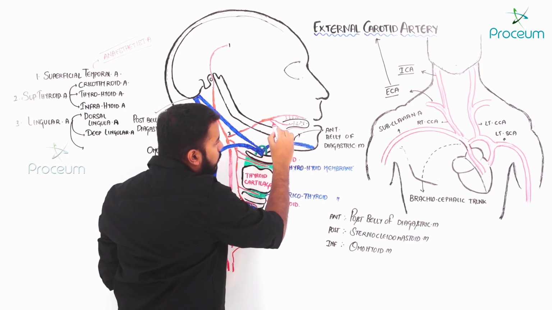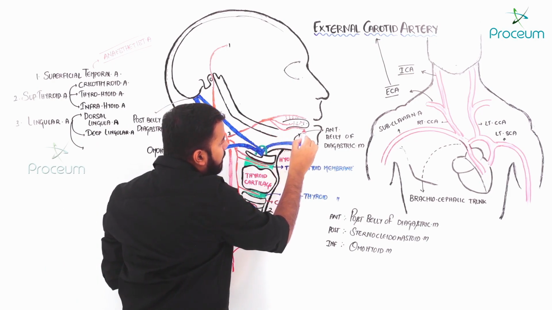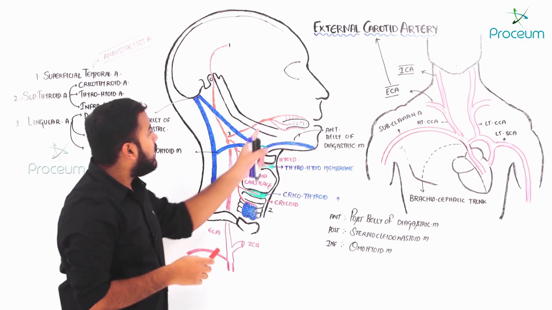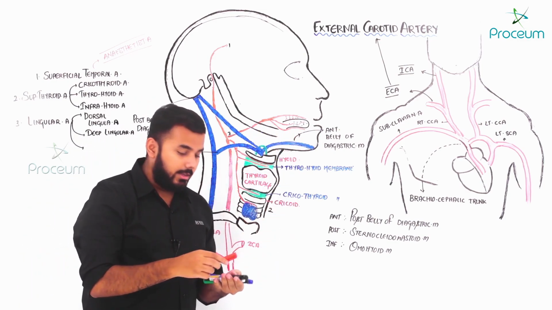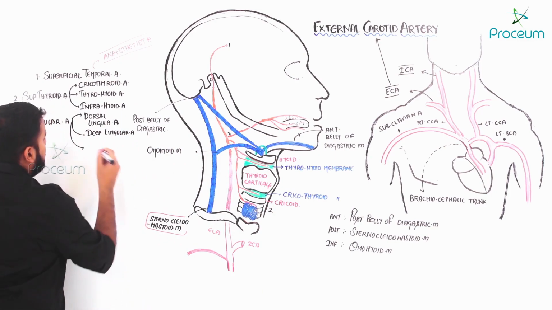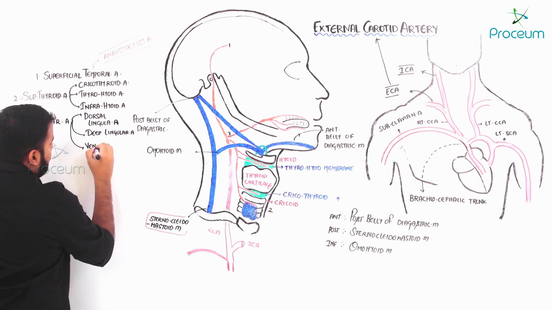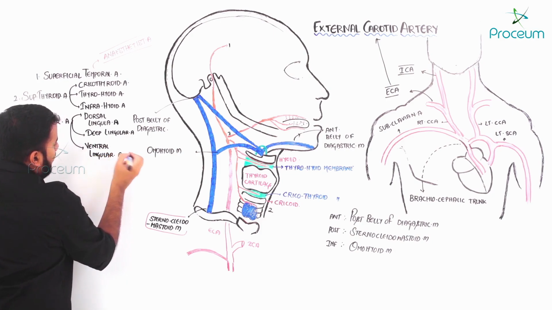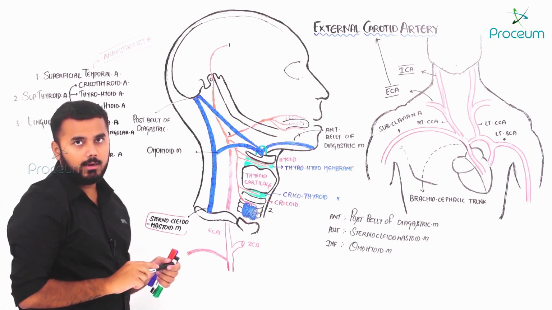I told you that the surface below the tongue is called the ventral surface. So I can call this the ventral lingual artery.